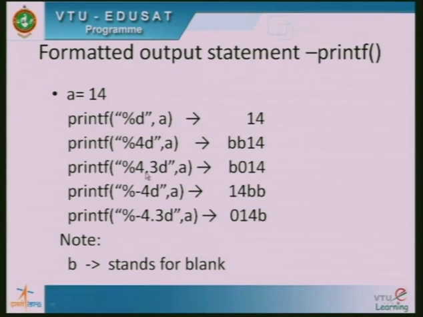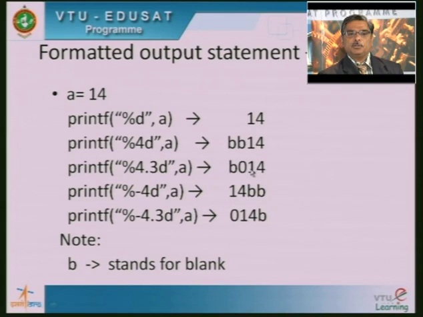If you specify %4.3d, then only 3 digits are occupied, but 14 is only 2 digits, so 0 is padded here. In the output the blank will not be displayed. 0, 1, 4 you are going to get in the output, because you are specifying how many columns the number a should be printed in. Since the value is only 14, 2 columns, you are forcing 3 columns of output.